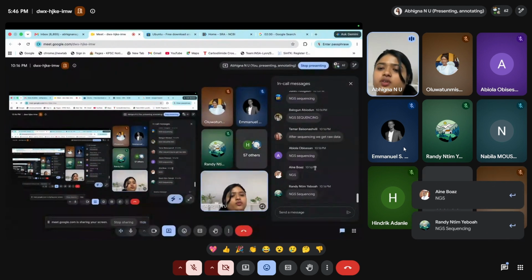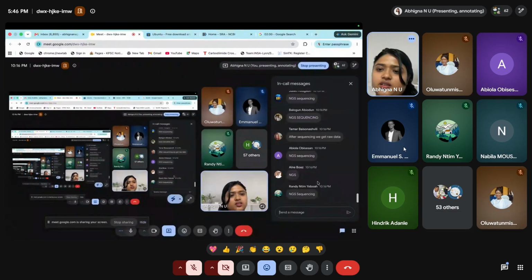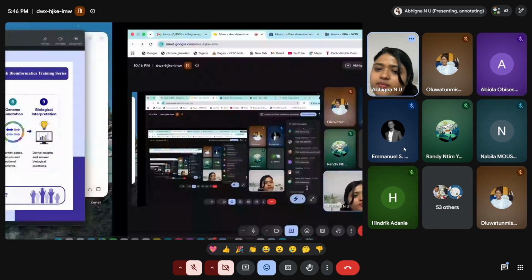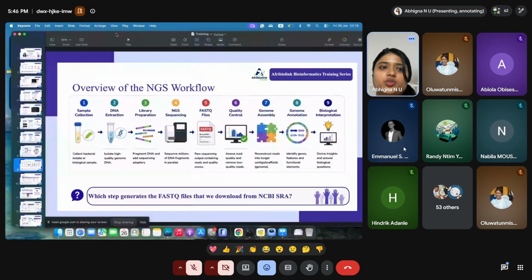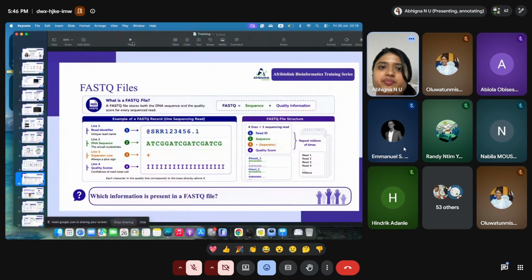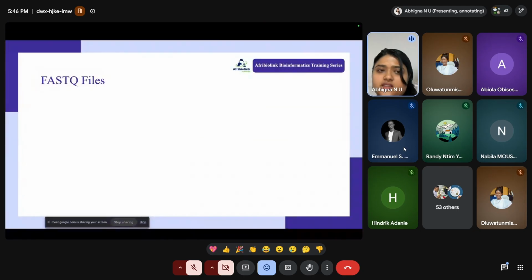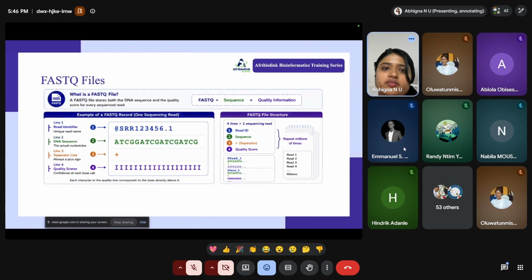Not before NGS sequencing. After sequencing, we get raw data. Yes. You're right, Tamil. Yes, most of you are right with the answers. We'll go for FASTQ files.